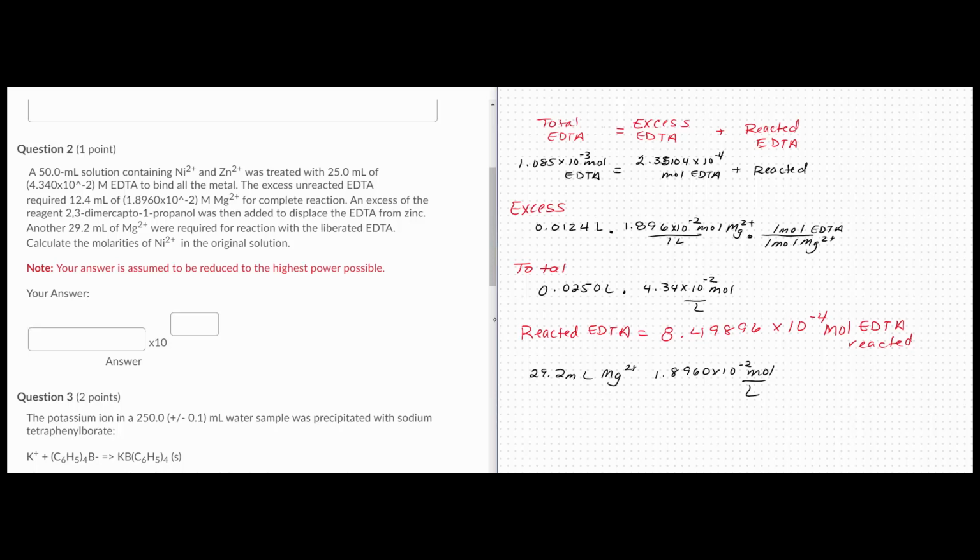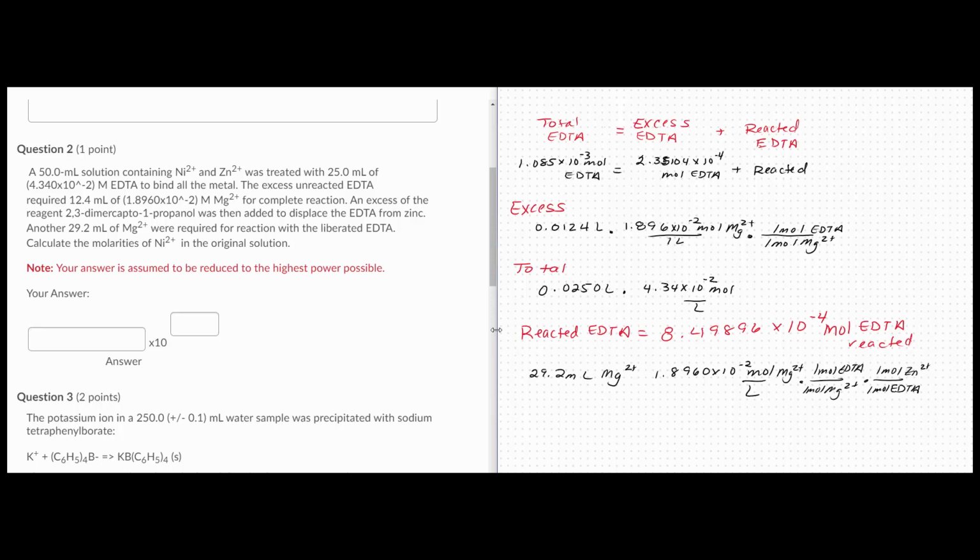Now, what did that displace? So the magnesium is calculating how much zinc was let go. So this magnesium reacts 1 to 1, so 1 mole of magnesium reacts with 1 mole of EDTA, and 1 mole of EDTA is liberated by 1 mole of zinc.